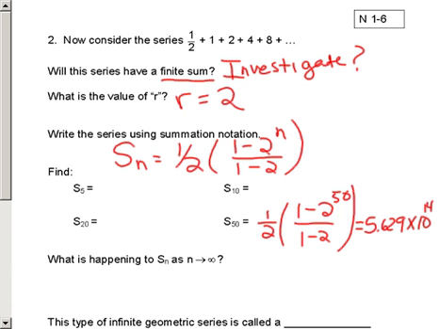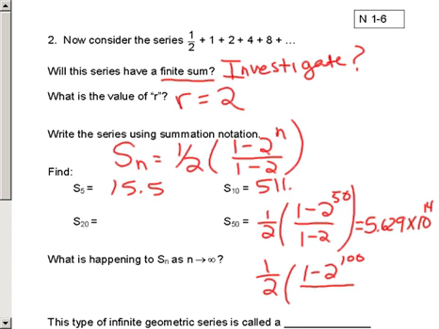So what do you think is going to happen if we do 100? Will it even do it? See if it'll do 100. If you watch these numbers, it starts out small, and then it's 511.5, and then it's 524 times 10 to the what?